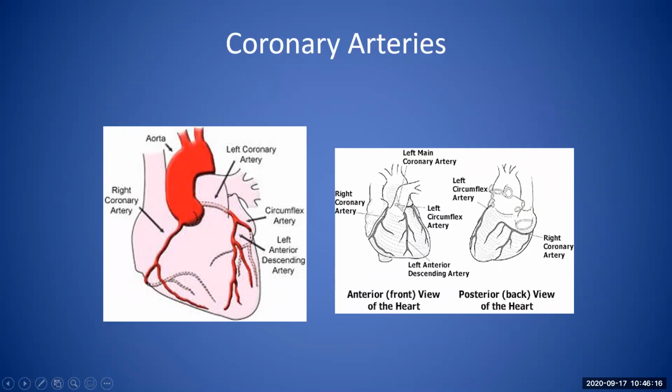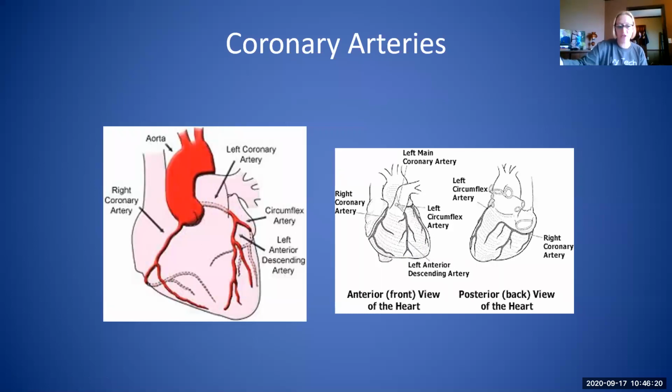The SA node. Yep, the SA node, the right ventricle, or the right atria, right? So the right atria is there, and our SA node is in our right atria. So if there's a blockage in that right coronary artery, the SA node is not being supplied.